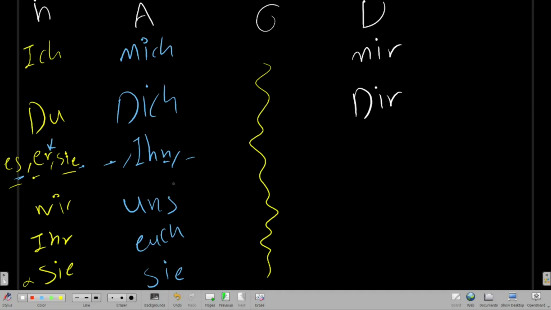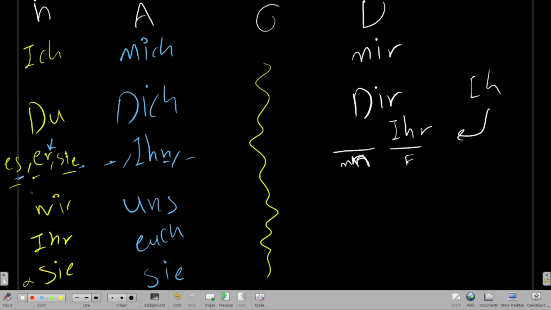If your guess is that they get something close to the dative case in their declension, you would be right. I'm gonna just write the masculine and neuter together, and feminine right here. The feminine would be ihr. See, this e guy has to be here for the third person.